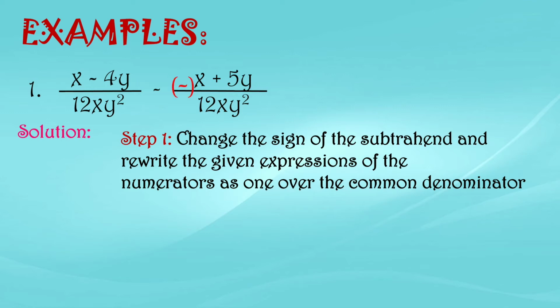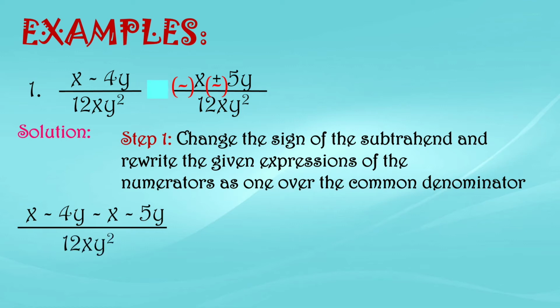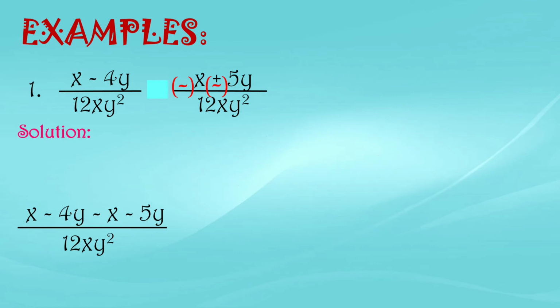Si x magiging negative at si 5y magiging negative. And then, i-rewrite natin siya lahat as a numerator. x minus 4y minus x minus 5y over 12xy squared. Kasi common yung ating denominator.